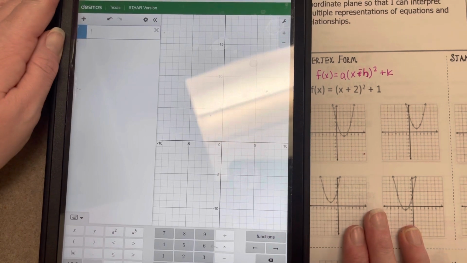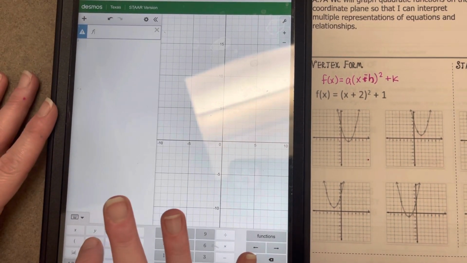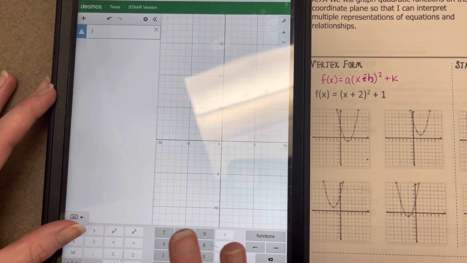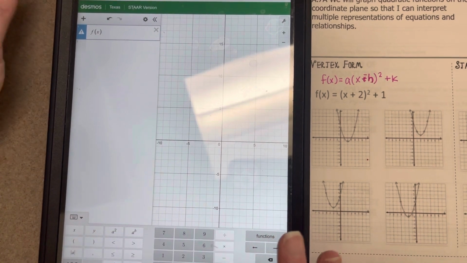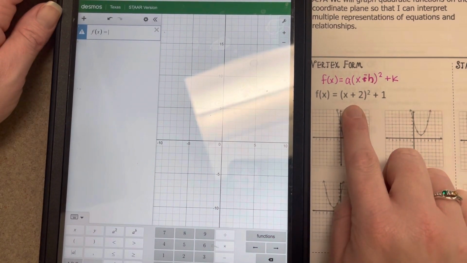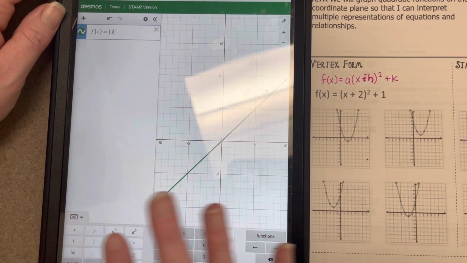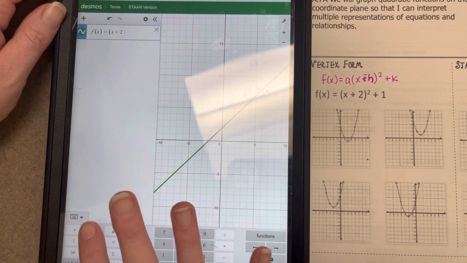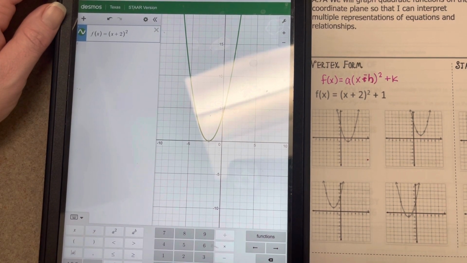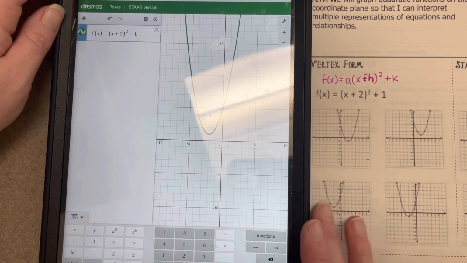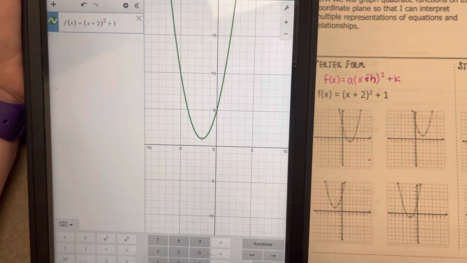So I start by typing in f of x equals, and then exactly what it says here: (x plus 2) squared, and then plus 1. So now I can see what my graph looks like.